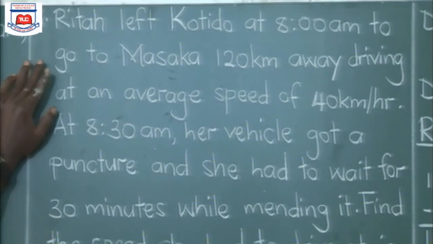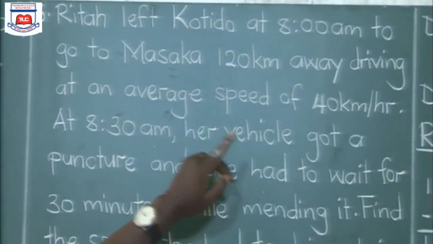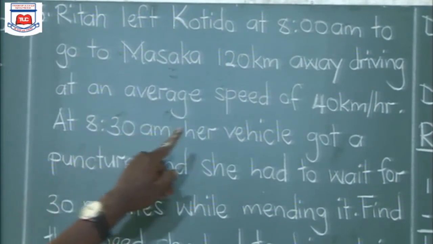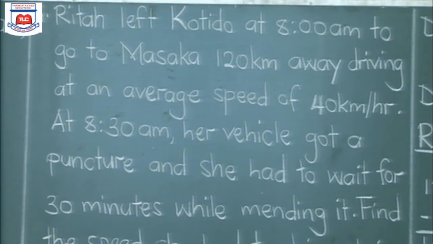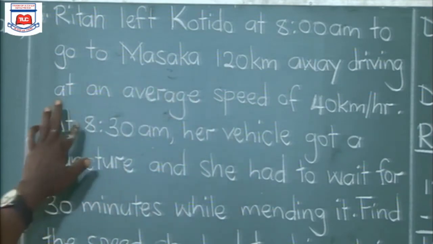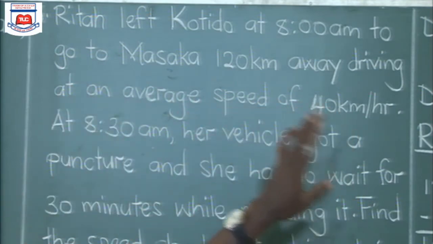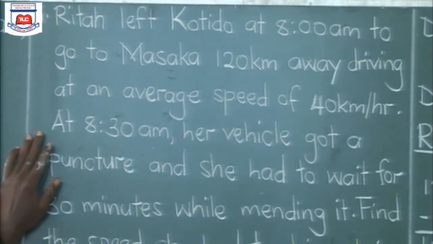Someone is called Rita. So Rita left Kotido at 8 a.m. to go to Masaka, 120 kilometers away, driving at an average speed of 40 kilometers per hour.